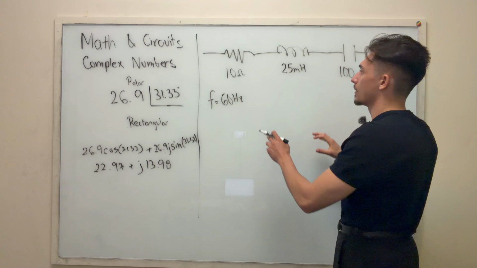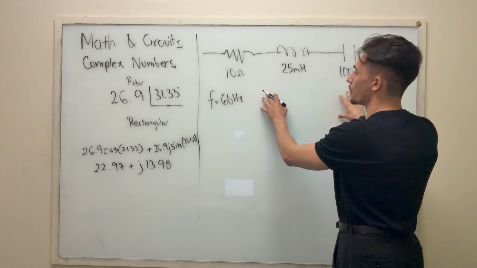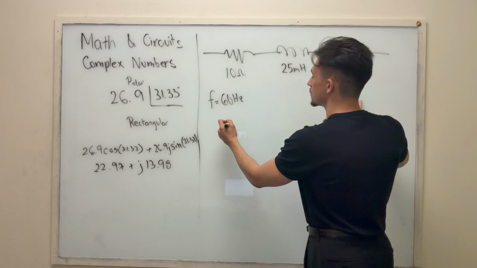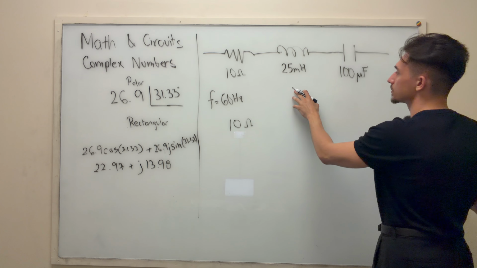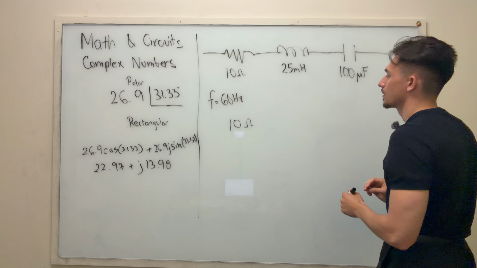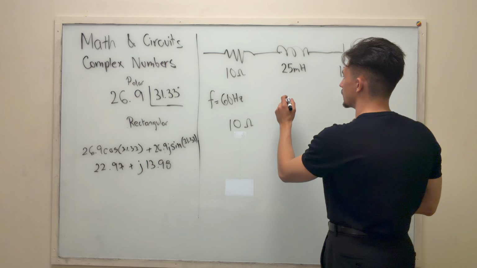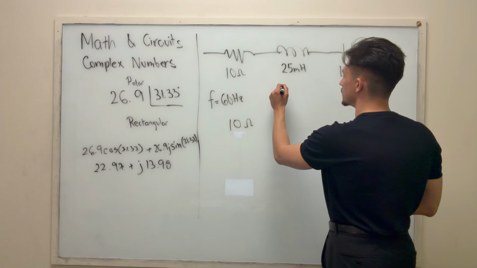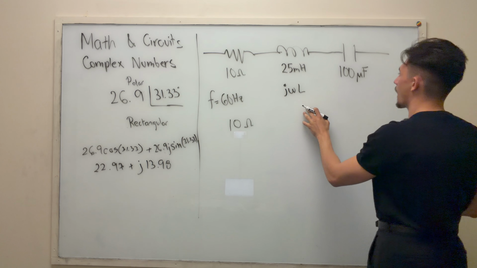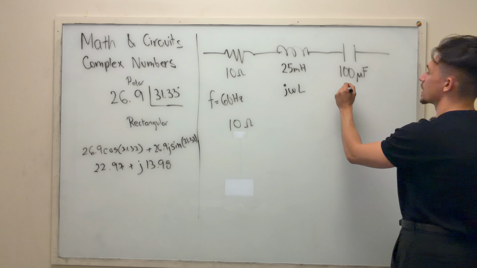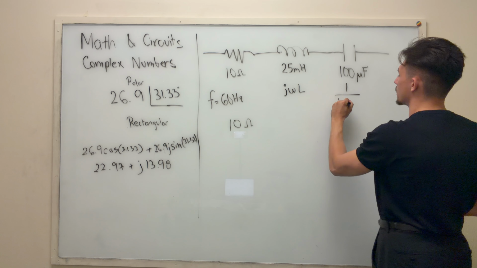If everything's in series, a resistor will stay at 10 ohms. Now for our inductor, 25 millihenries, the equation for an inductor is J omega L, and a capacitor in series is 1 over J omega C.